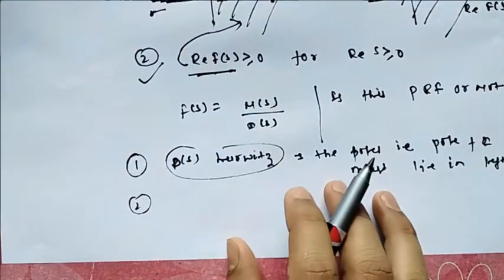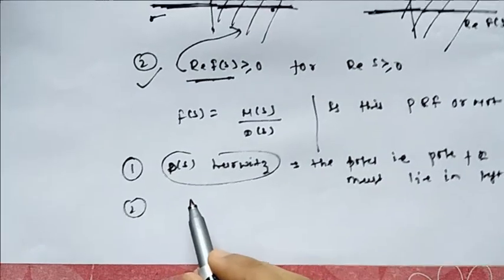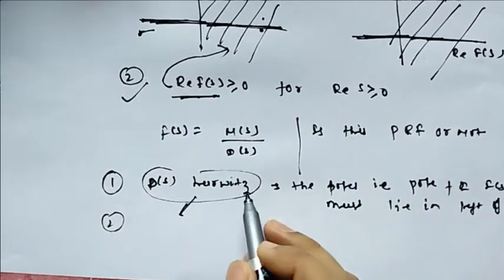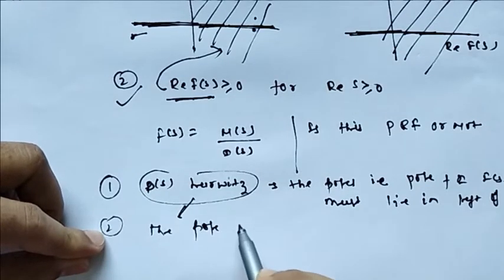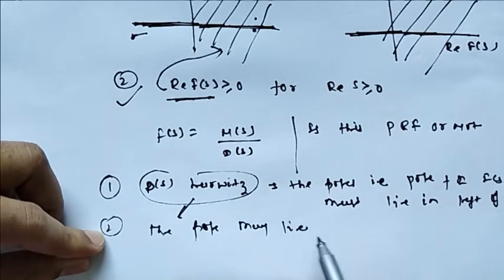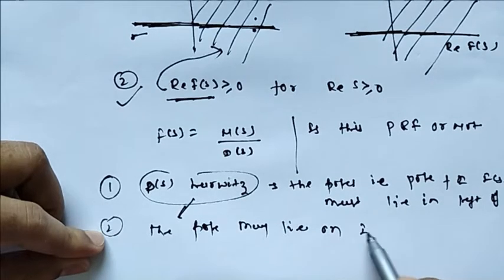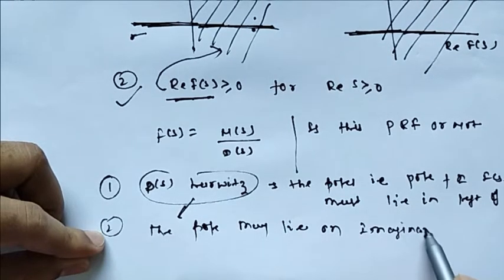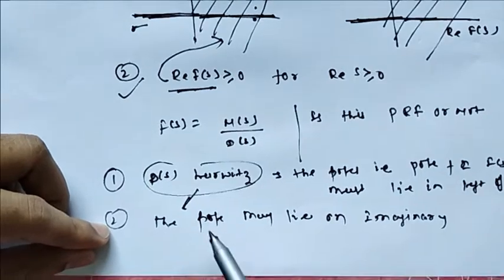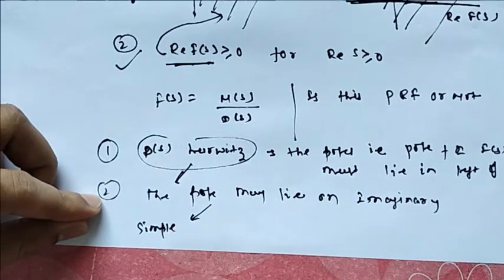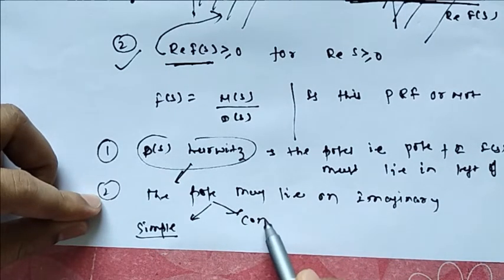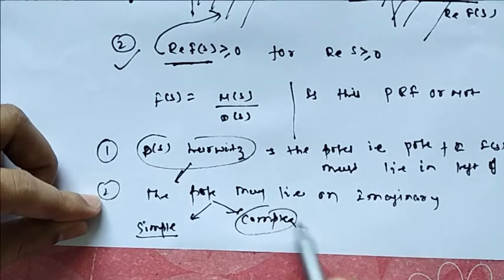Second, after checking the Hurwitz criteria, the poles may lie on the imaginary axis. If the pole lying on the imaginary axis is simple, then we will proceed to another step. If it is complex, then directly we can say that this is not PRF.